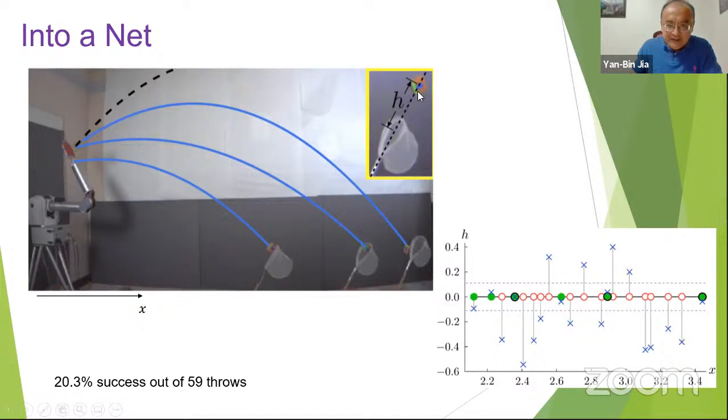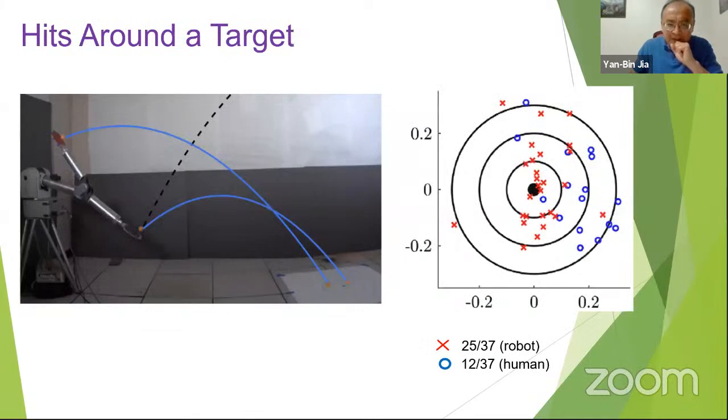So in this case, even though we're using a launcher, the situation is better, but because this is not a spherical object, we had a success rate of 20%.